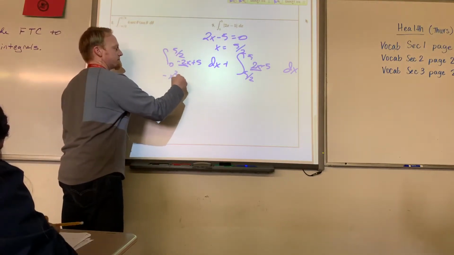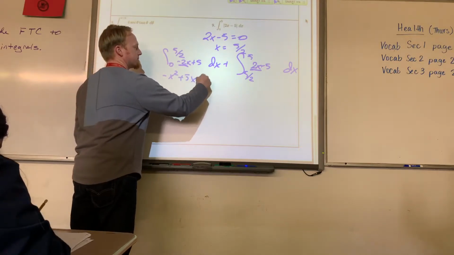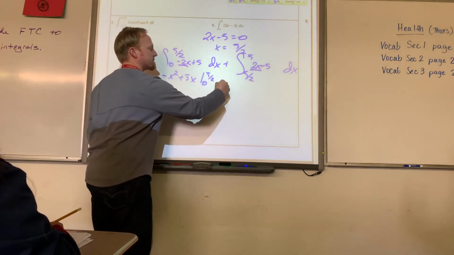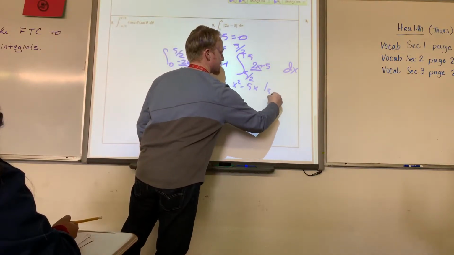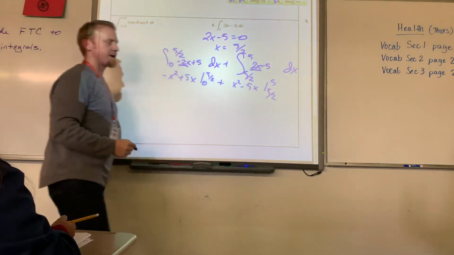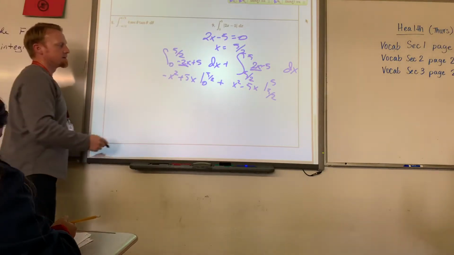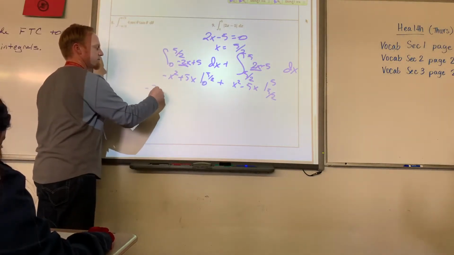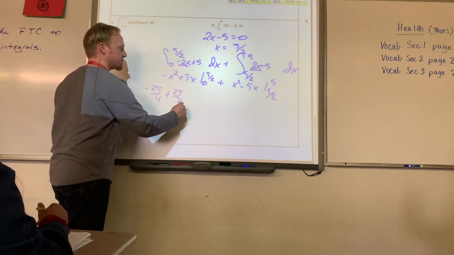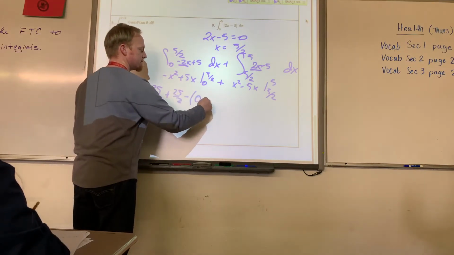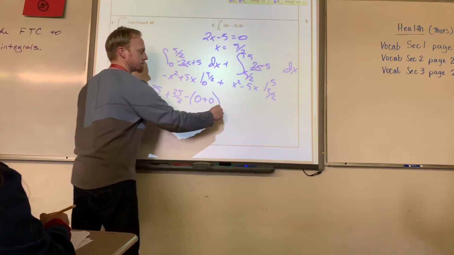So negative x squared plus 5x, 0 to 5 halves, plus x squared minus 5x, 5 halves to 5. So negative 25 over 4 plus 25 over 2 minus 0 and 0.